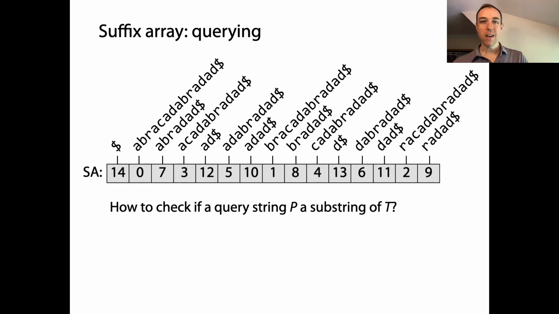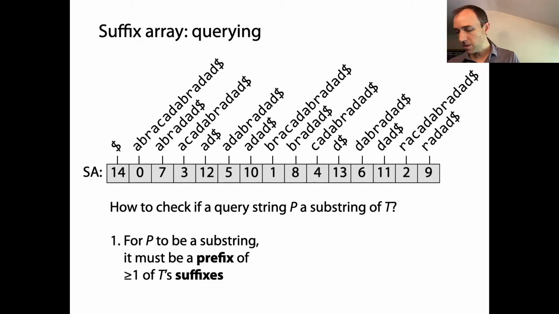In order to answer this query, let's look at the suffix array and think about two properties that it has. First of all, in order for P to be a substring of T, it's going to have to be a prefix of at least one of the suffixes of the text T. Because the data structure contains all the suffixes of T, P has to be a prefix of at least one of these suffixes.